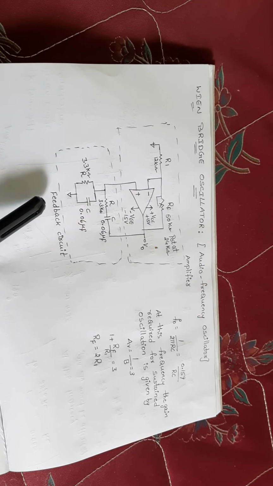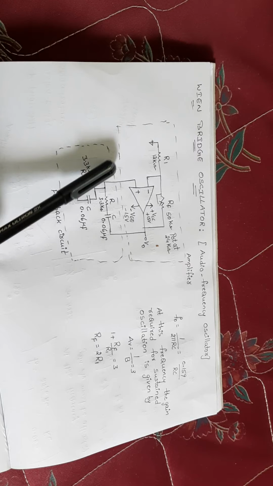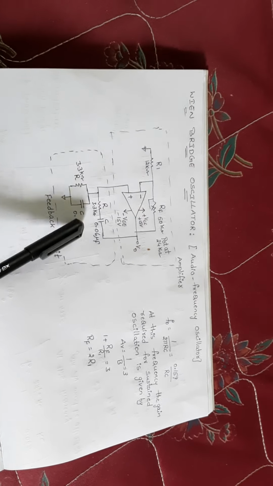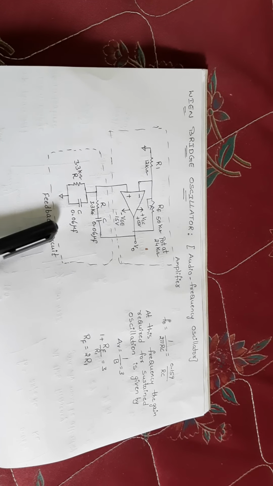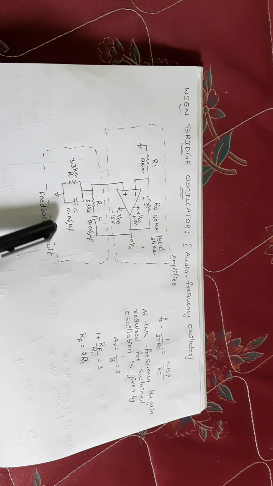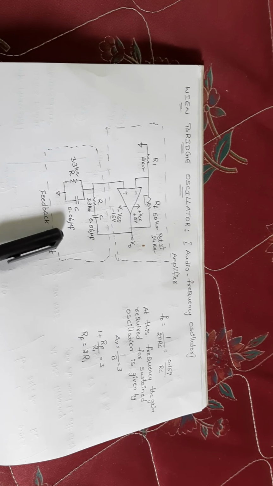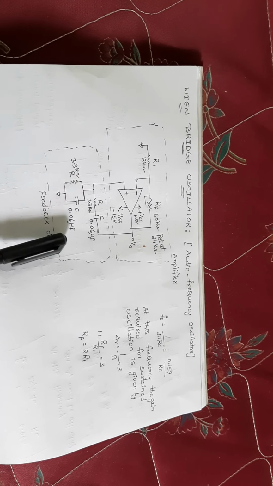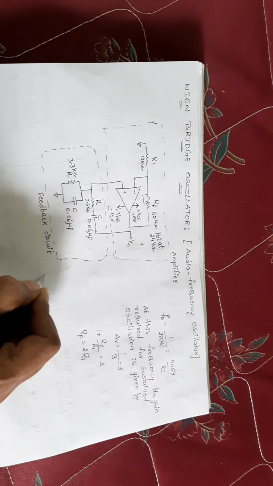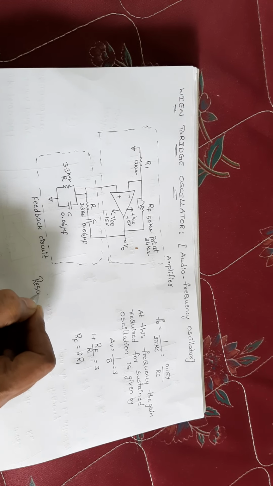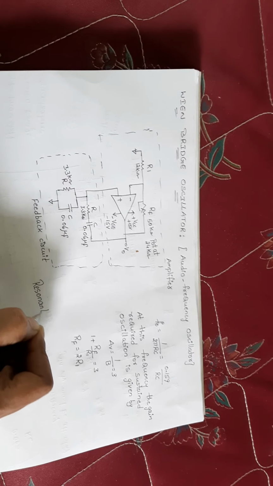The 0 degrees occurs when this circuit is balanced, that is, when the R values and C values are equal. Whenever the circuit is balanced, that is the resonant frequency.